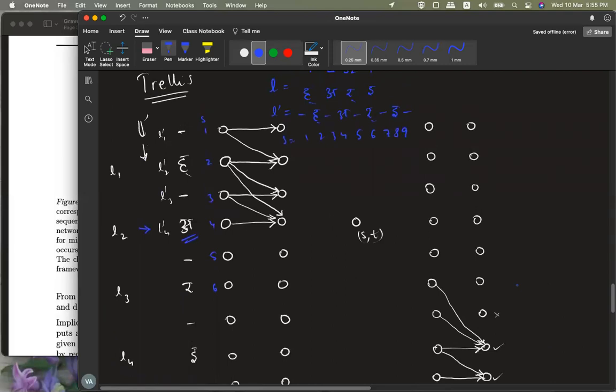Can I get another formula which is useful? So the answer is, just like you went forward to approach this node, you know the probability of all the paths which end on this node. This is simply alpha s comma t.